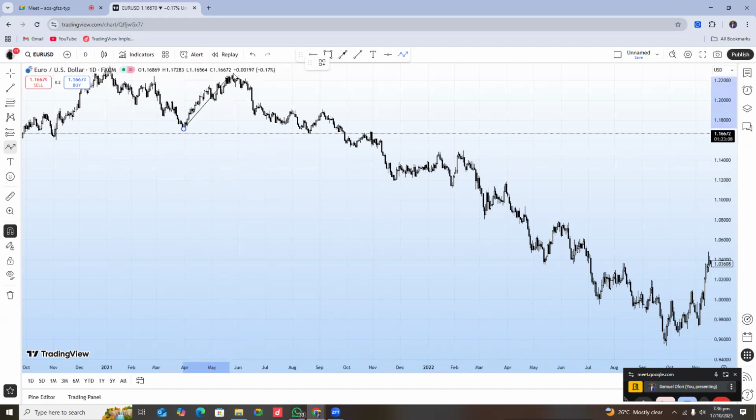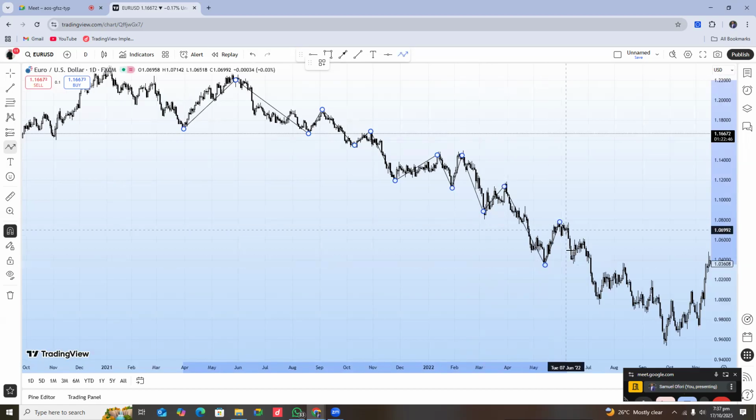This one was the last high that formed. Then it zoomed to a lower low, then a lower high, a lower low, a lower high, a lower low, a lower high, a lower low, a lower high, a lower low. You see it as it goes.